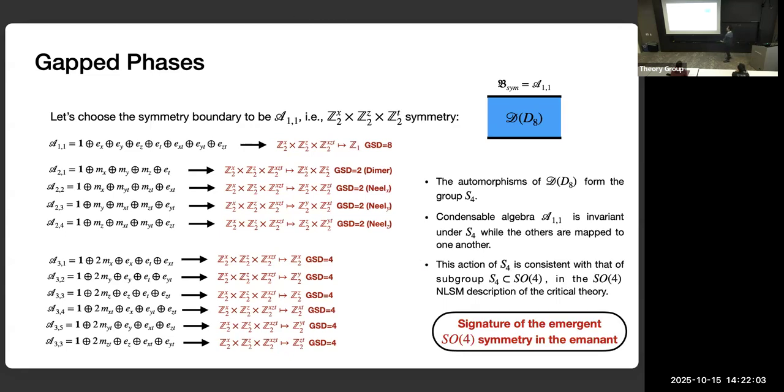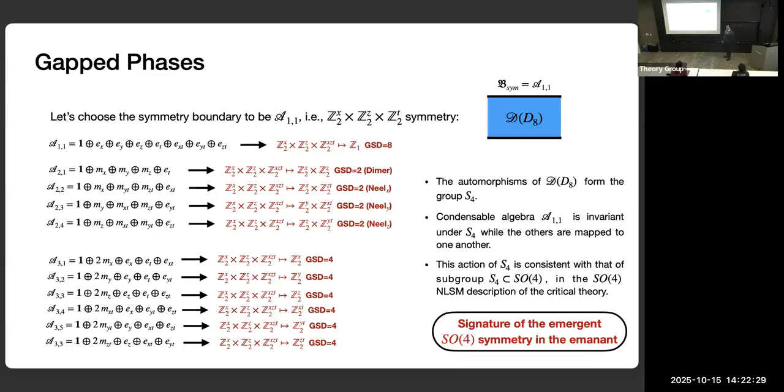But now what I want to discuss is the following. I don't want to show the list, but if you believe me, D8 quantum double, just like toric code, has some symmetry. And in this case, it is an S4 symmetry. If you look at all the automorphisms, all the permutations of labels, they form the group S4. This condensable algebra that I choose for Z2 cube is invariant under all of them.